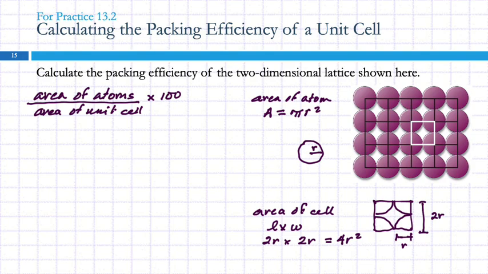So I'm going to put the area of the atom in up here, pi r squared, divided by the area of the unit cell, which was 4r squared, times 100. So very conveniently, the r squareds cancel out. I end up with pi over 4 times 100.